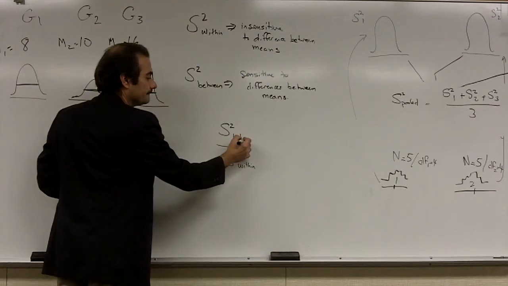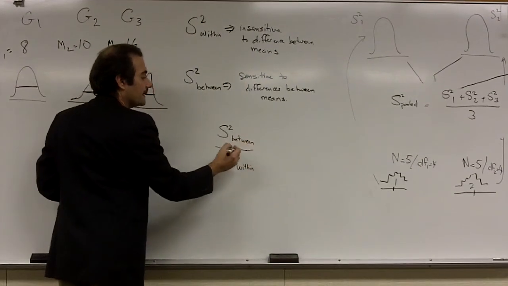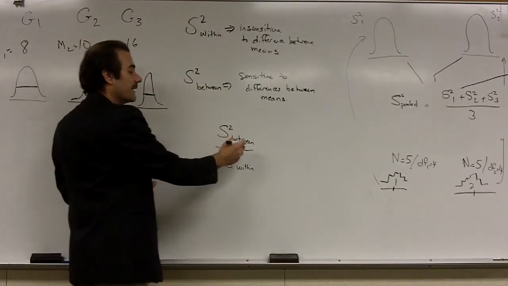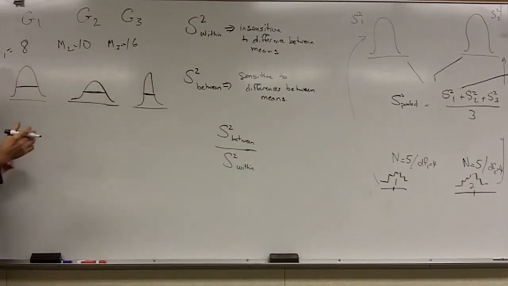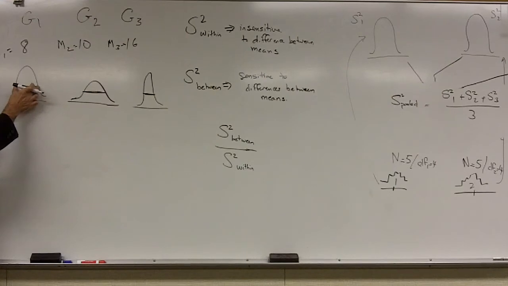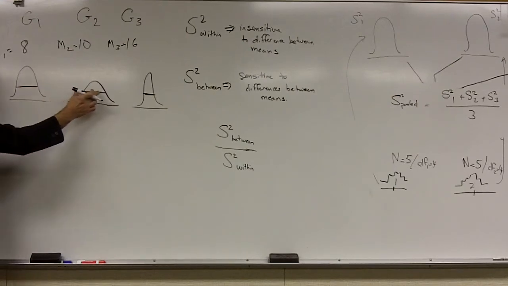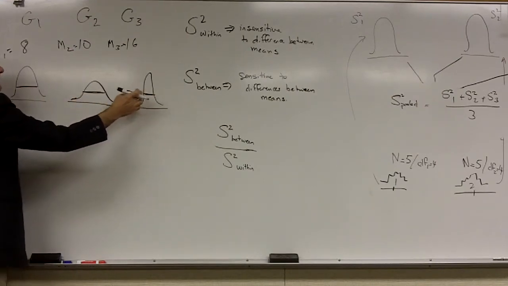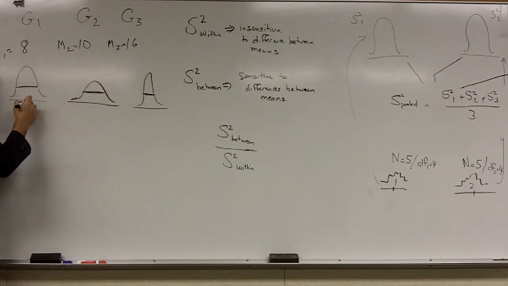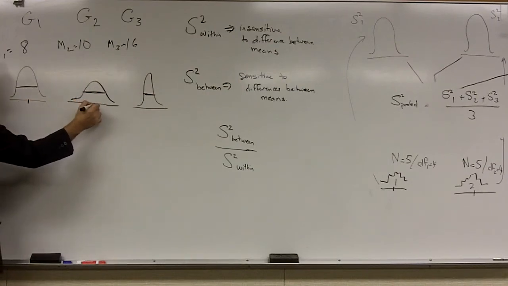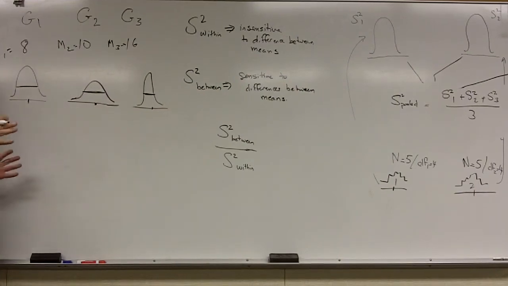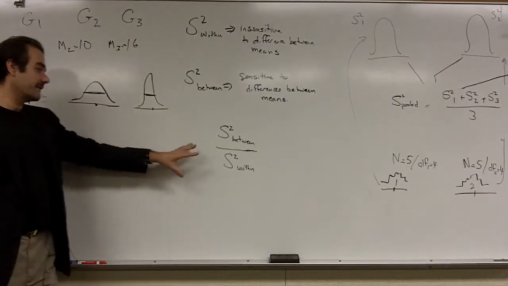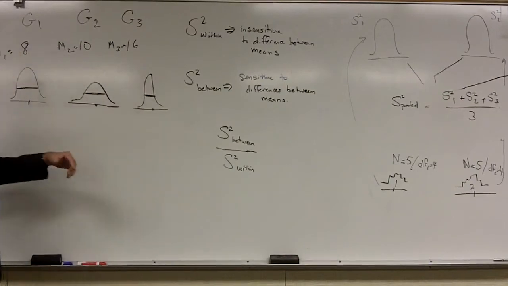And we understand that S squared between takes into consideration the variance within each of these groups plus the variance that the fact that the means are different adds to it. Actually, maybe I should explain the S within first, because it'll be easier to grasp.